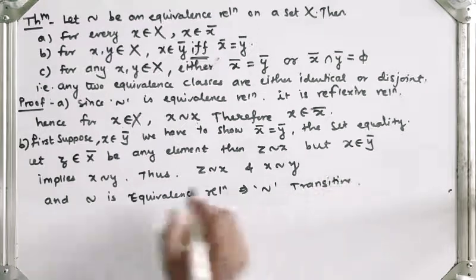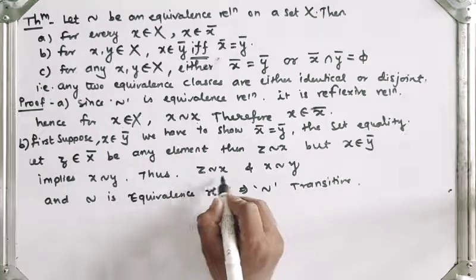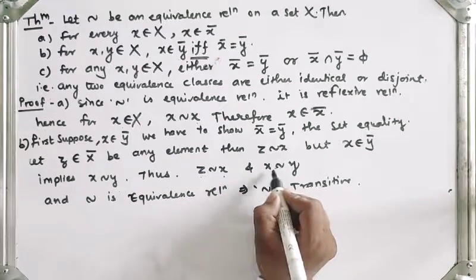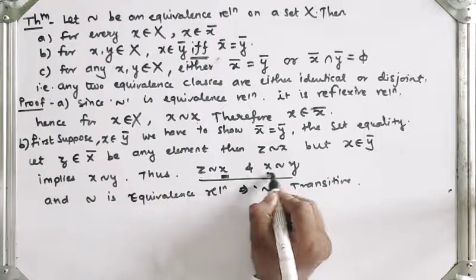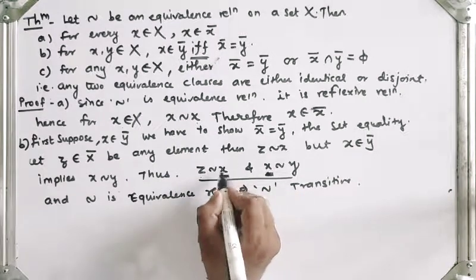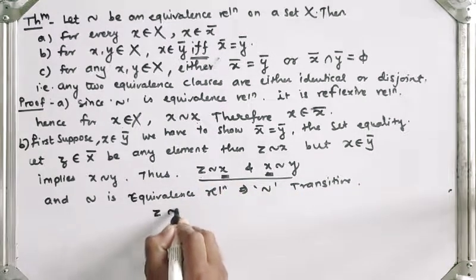Tilde transitive means that z equivalent to x and x equivalent to y, so the second element here and the first element here are the same, then we say that z equivalent to y.